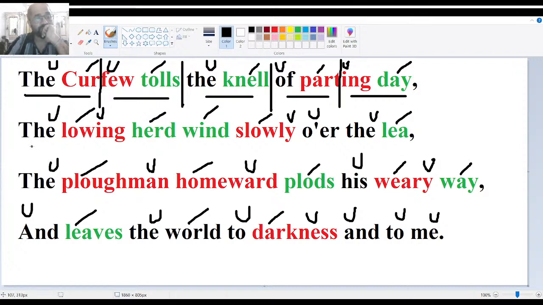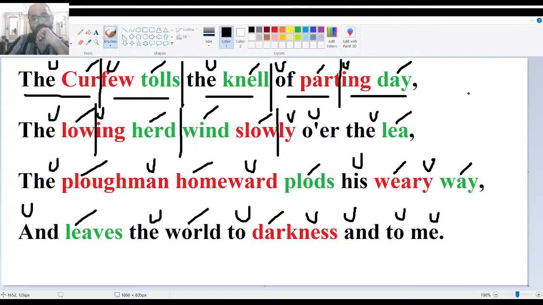Let's look at the second line. Remember, we are out here to isolate the iambs. So you have an iamb here, the low, ing heard. So far so good, but then you have wind and slow, syllables which are both stressed. So what do you do? You cut it here.